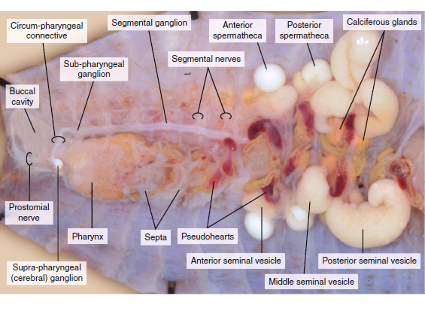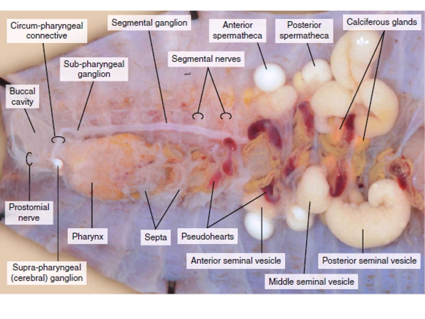Better version of the previous slides. Here we can see the buccal cavity, and then the subpharyngeal ganglion. They are visible. The nervous system, circumpharyngeal connectives, are also visible, connecting the subpharyngeal ganglion and suprapharyngeal ganglion.